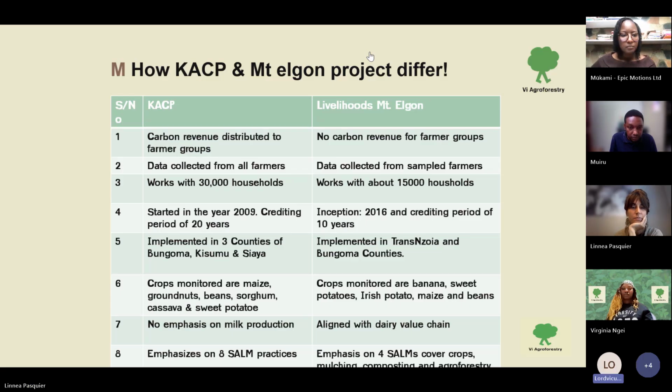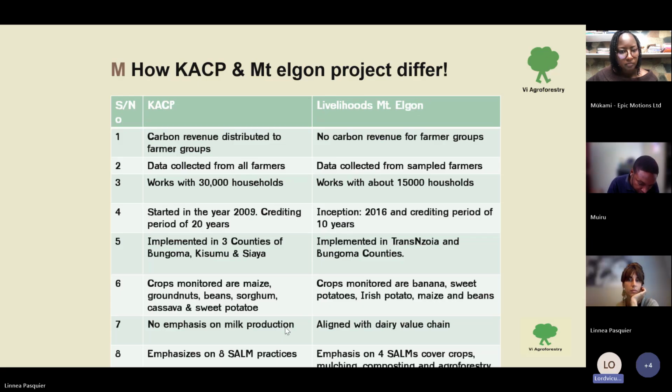Okay, thank you. I'm Lord Vickers Okwach. We just wanted to bring out to you the difference between the two carbon projects, that is Kenya Agricultural Carbon Project and Livelihoods Mount Elgon Project. So I've listed the main differences between the two.